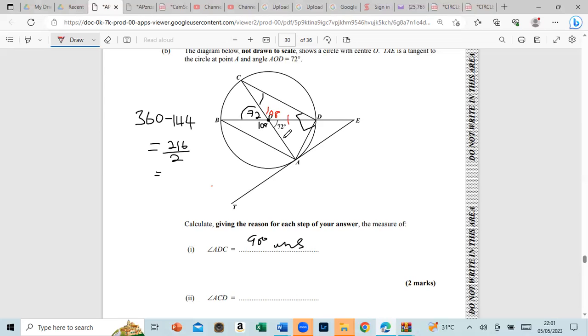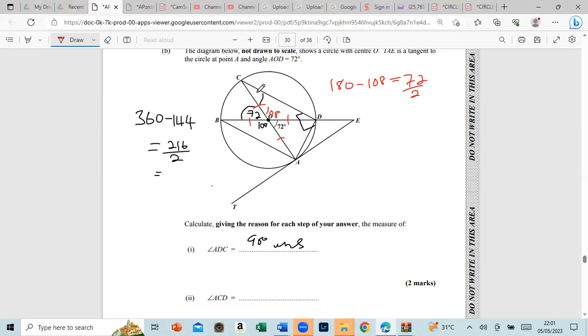And because this is 108, these are both isosceles triangles. So all we have to do is say 180 minus 108 gives us 72. So the value for the two angles is 72, divided by 2, and it's equal to 36.